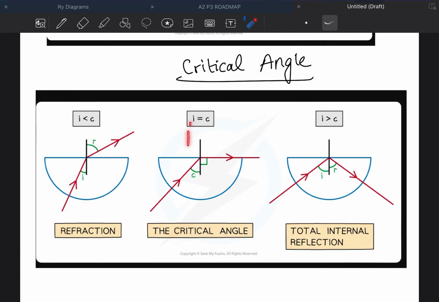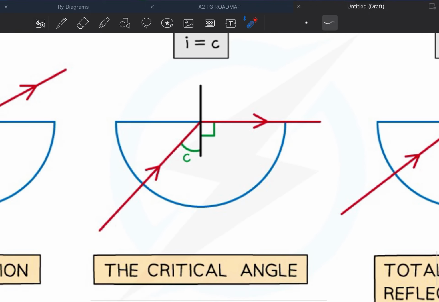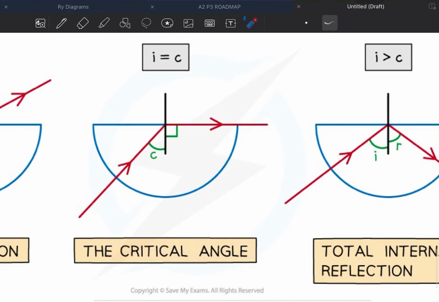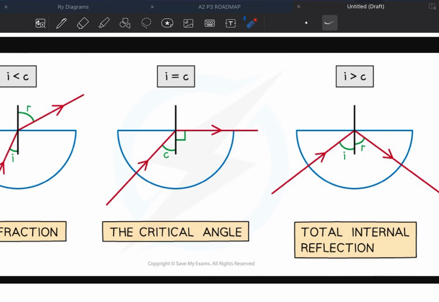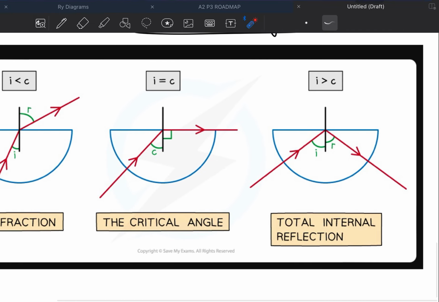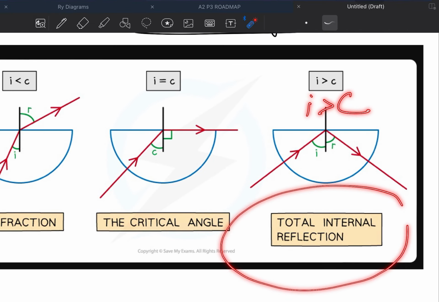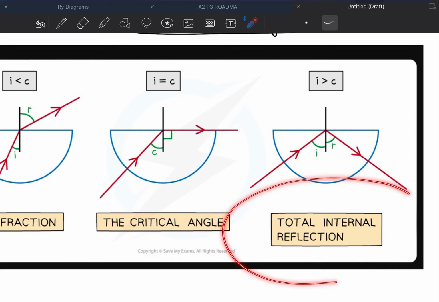Here the angle of incidence is equal to the critical angle. Why is it equal to the critical angle? Because the refracted ray reaches 90 degrees. When it reaches 90 degrees, that's when the critical angle is formed. All right. When the angle of incidence is greater than the critical angle, you call it total internal reflection.